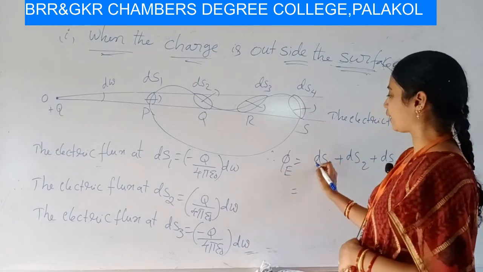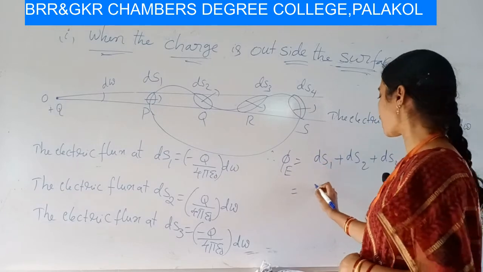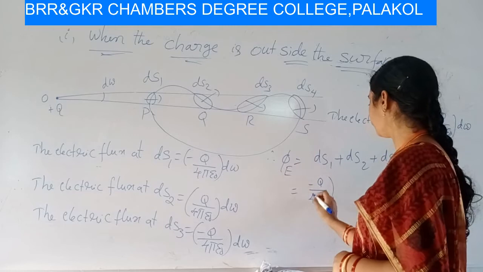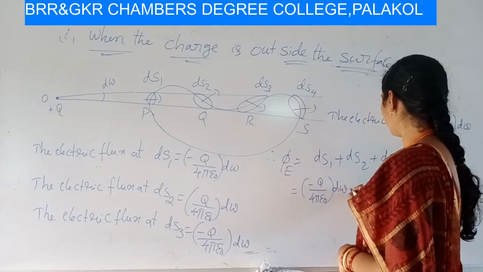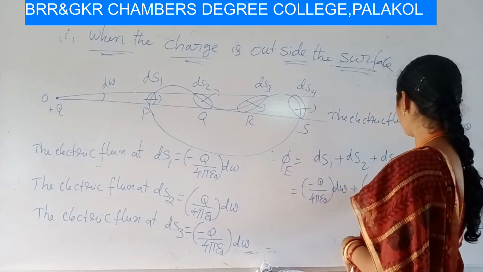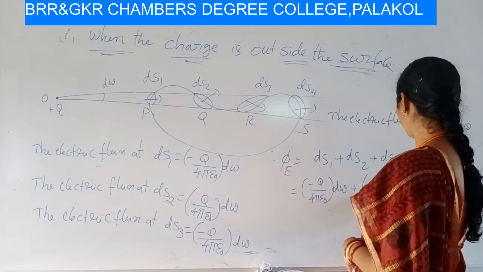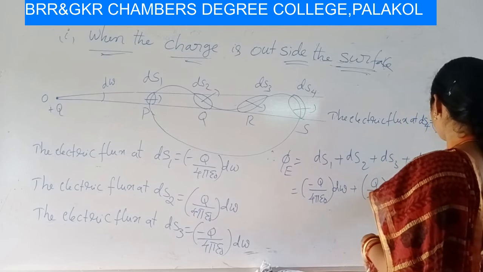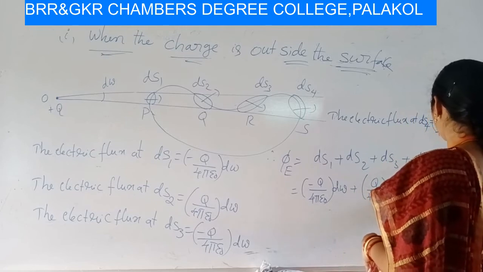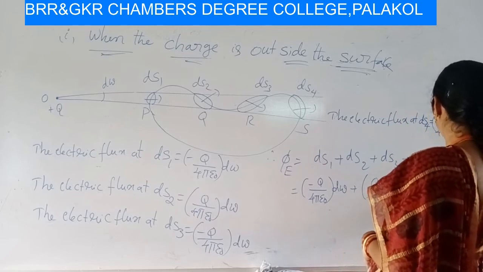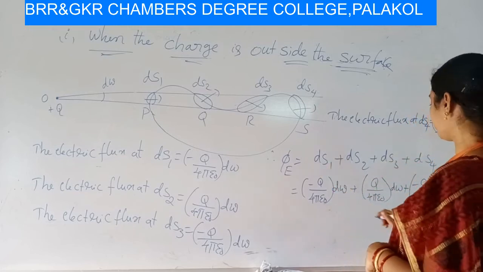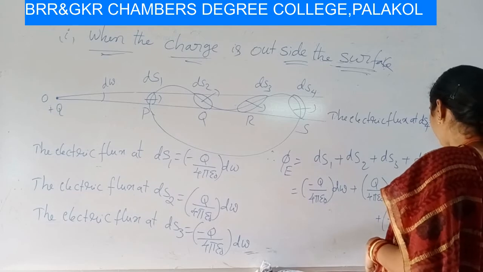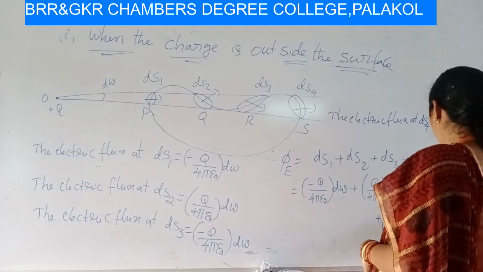So we calculate the flux for ds1 as minus q by 4 pi epsilon naught d omega, for the area ds2 as q by 4 pi epsilon naught d omega, for the area ds3 the electric flux is minus q by 4 pi epsilon naught d omega, and for the area ds4 the flux is plus q by 4 pi epsilon naught d omega.